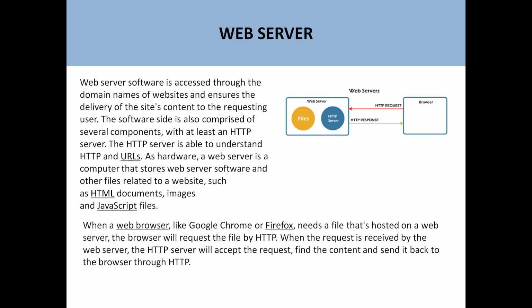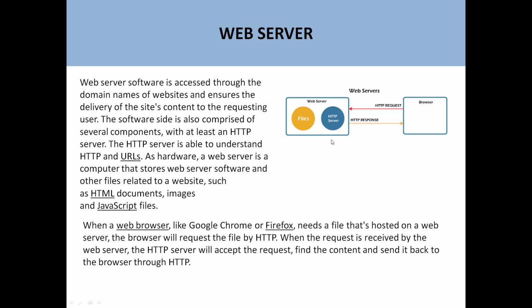Whenever we talk about a web browser, we are talking about different browsers, for example Internet Explorer, Google Chrome, Firefox. They need a file that is hosted on a web server. The browser will request a file by HTTP. When the request is received by the web server, the HTTP server will accept the request, find the content, and send it back through HTTP.